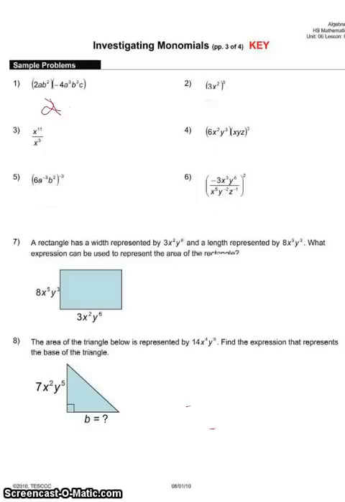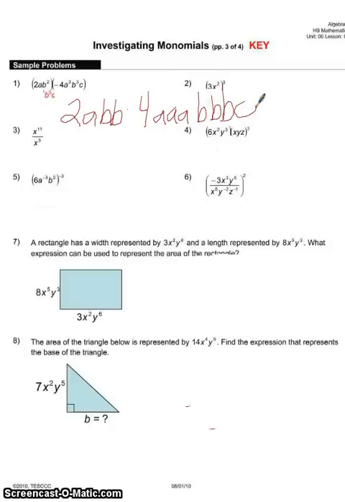2a, try this again, I'm having a little trouble with the pen here. Okay, I have 2ab, and then I have negative 4, 3 a's, 3 b's, and a c.